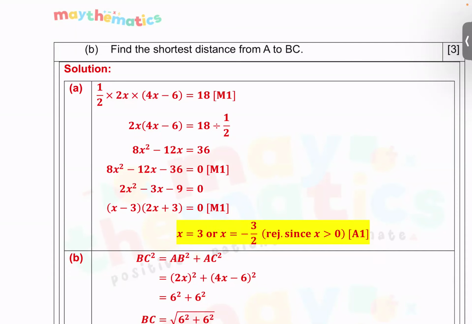Oh, tested ah? Chapter 10 also tested. Oh, wow. Wow. Okay, okay. How is what? Probability. Okay. Anything else?